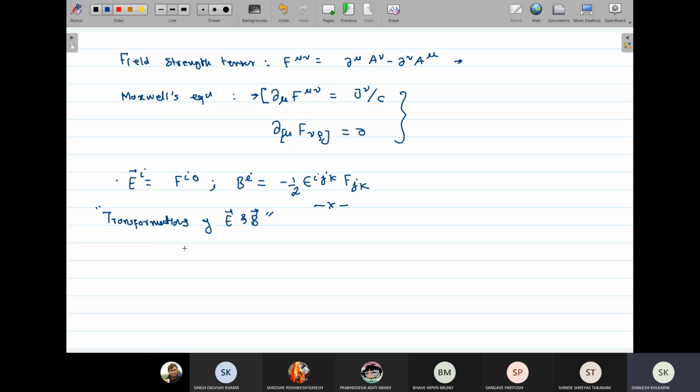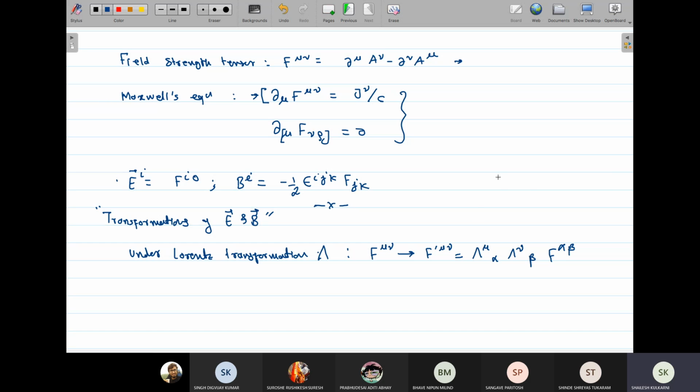But we know how, under Lorentz transformation lambda, your F mu nu goes to F prime mu nu, which is equal to this tensor of rank 0 2: lambda mu alpha, lambda nu beta, F alpha beta.